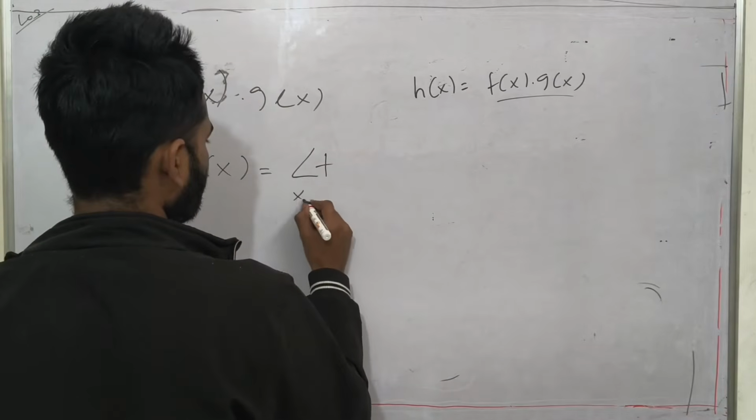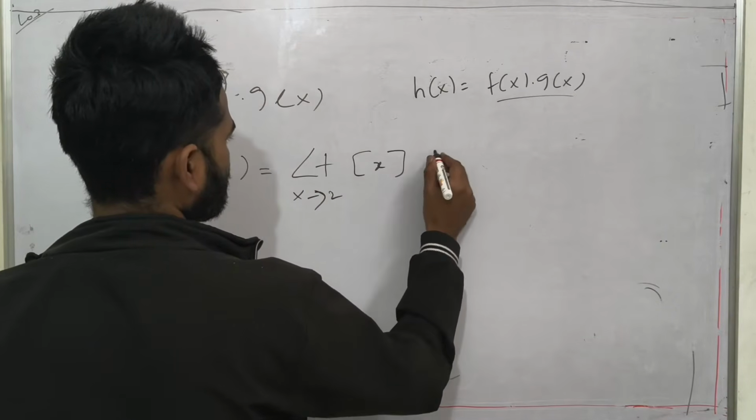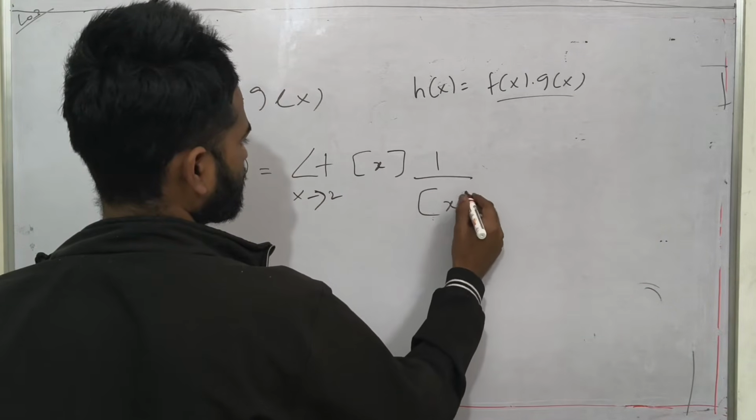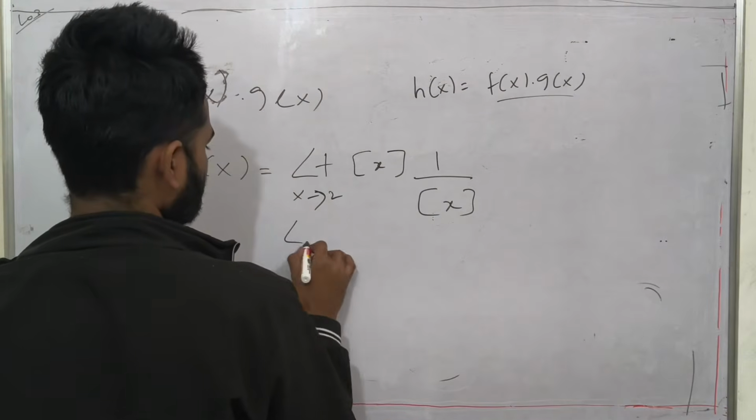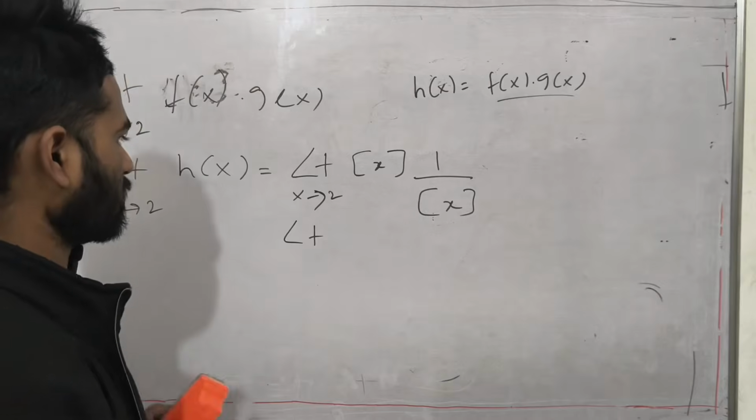Okay, so limit x tends to 2 of h of x is step x into 1 by step x. Don't cancel here, just to teach you the concept.